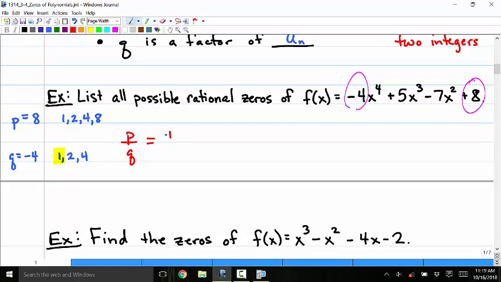So I can get plus or minus 1 over 1, plus or minus 2 over 1, plus or minus 4 over 1, and plus or minus 8 over 1. Do you agree with that? All I did was take 1 over 1, 2 over 1, 4 over 1, and 8 over 1. Now I've got to do the same thing with 2.